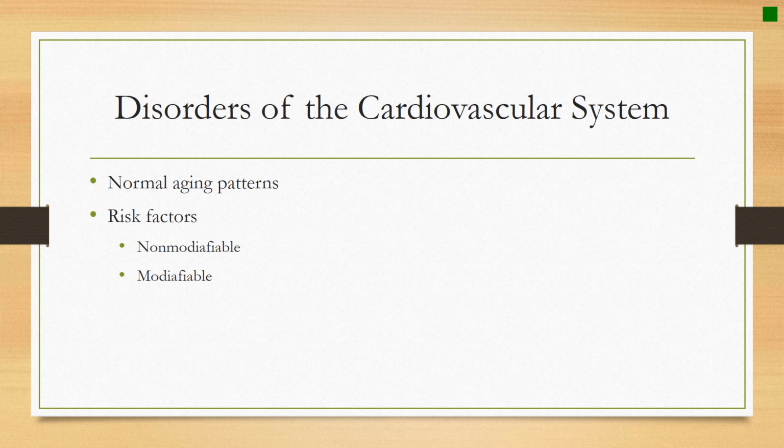Excess body weight increases the workload of the heart, and weight reduction programs are needed to maintain ideal body weight. Sedentary lifestyle. Lack of regular exercise has been correlated with increased risk of developing cardiovascular disease. Regular exercise can improve the heart's efficiency and help lower blood glucose levels.